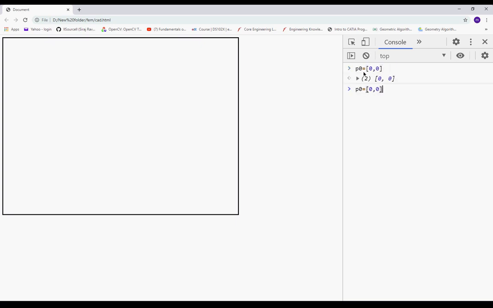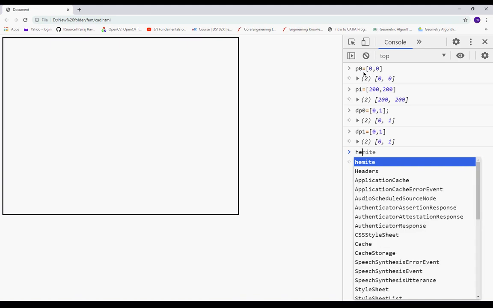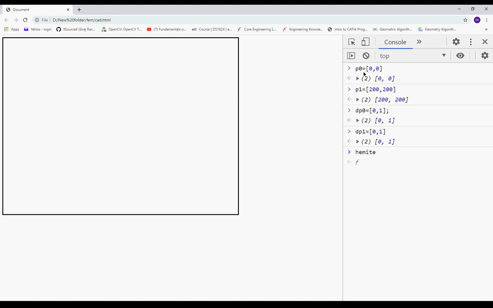So I start with P0, P1, DP0, DP1. The name R is missing. Okay, let it be, it is Hermite now. Fine, we will change it later, because now I have to enter it again.